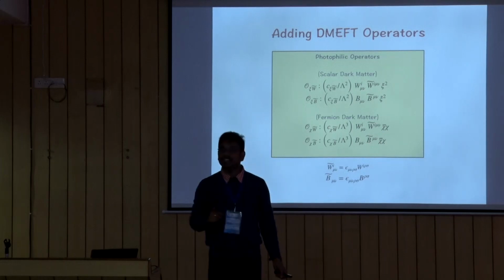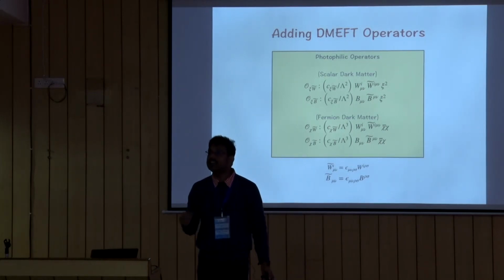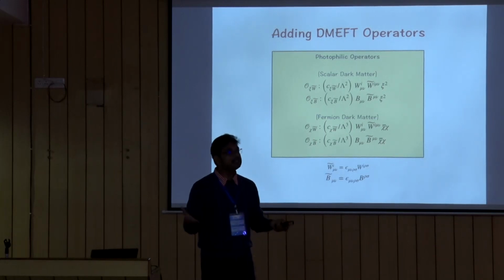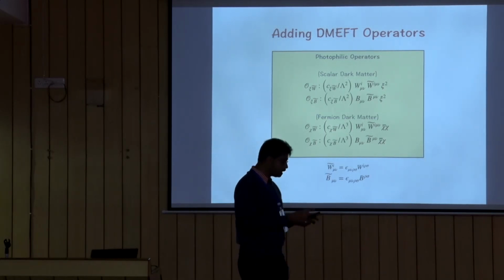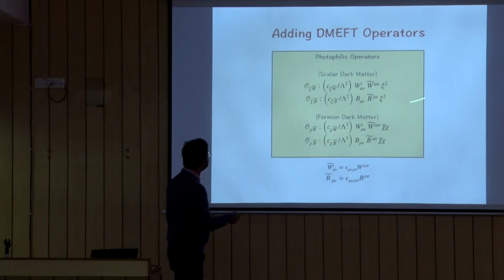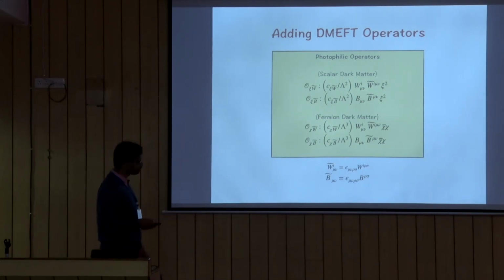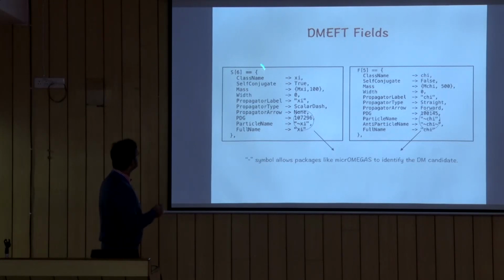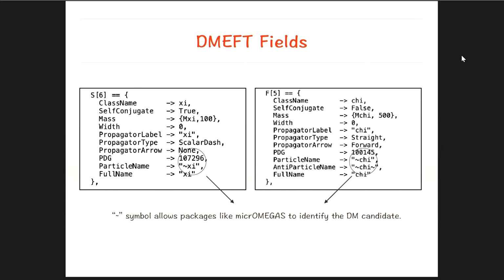The first thing is that this new dark matter field is not defined in your Lagrangian. When you are defining the standard model Lagrangian or writing the effective operators with the standard model fields, all the fields are defined. So you just have to define the operator using them. But when you are doing the dark matter case, then the first thing that you have to do is to define the dark matter. So for example, here you want this to be a scalar dark matter.